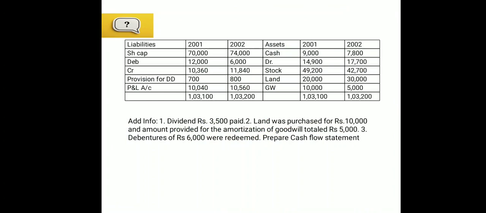Next we have debentures. In the balance sheet it is 12,000 in 2001 and 6,000 in 2002. So it is very clearly visible that we have gone for a redemption of debentures. When I'm redeeming the debentures, that means the company has to pay cash.